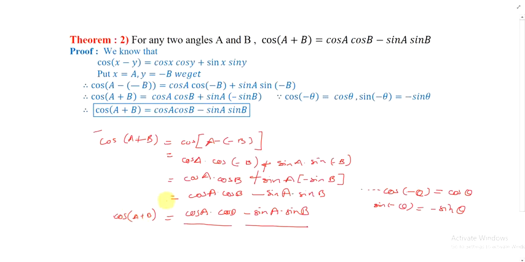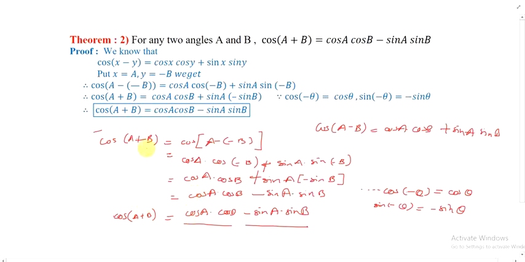That is cos(A-B) is equal to cos A cos B plus sin A sin B. Okay, by using this one we get the result. It is very easy to prove, and if it is asked in the exam then you can easily prove it.